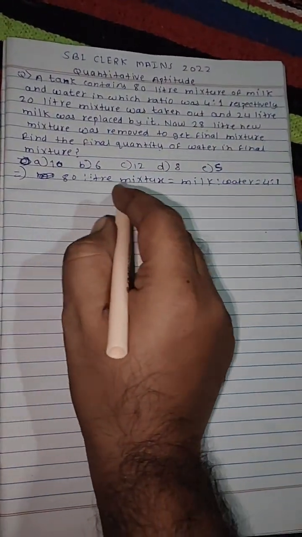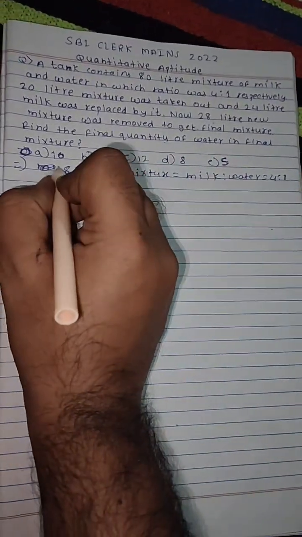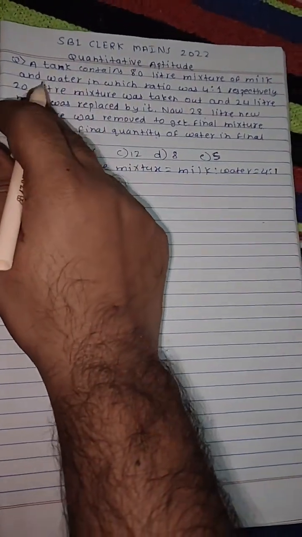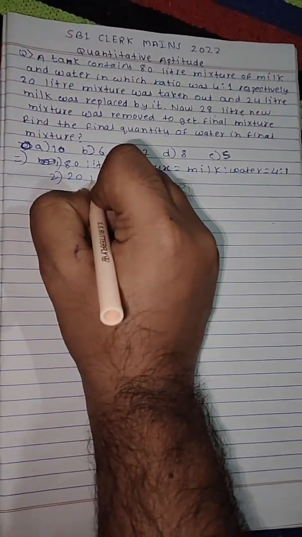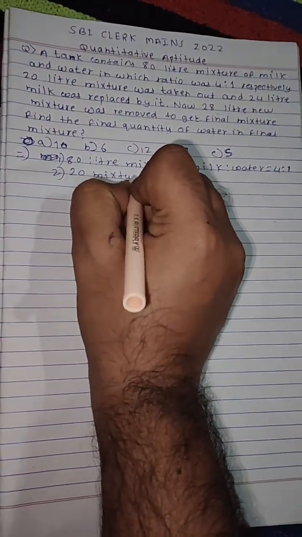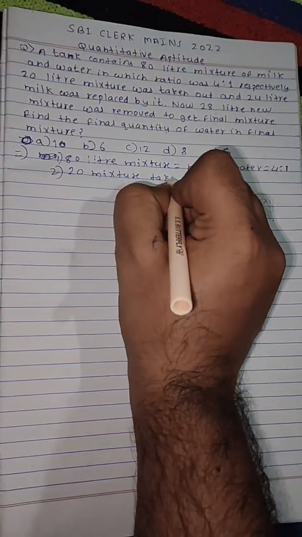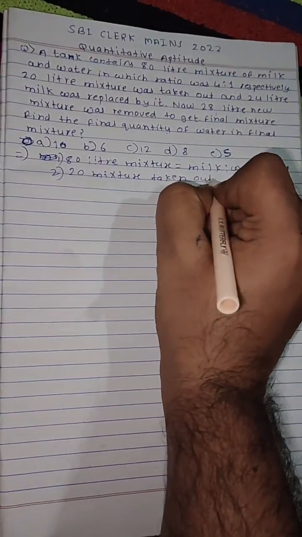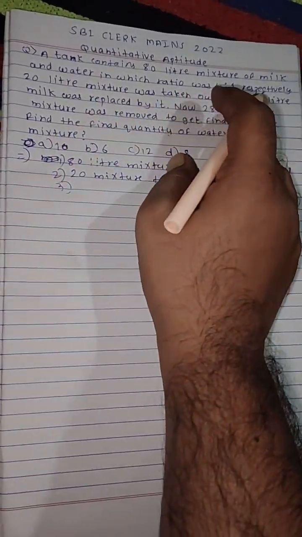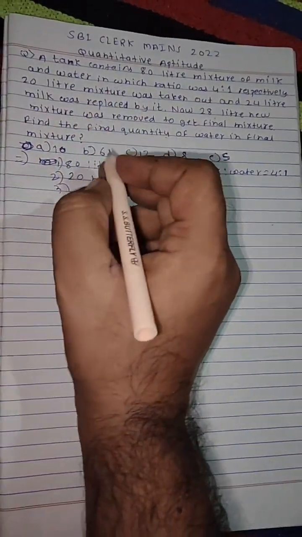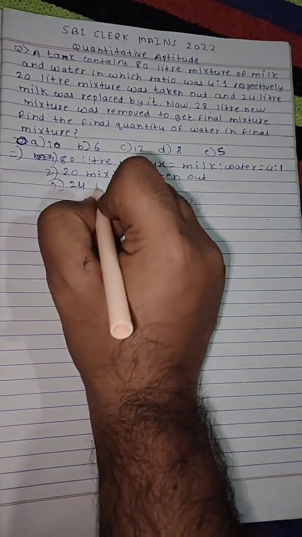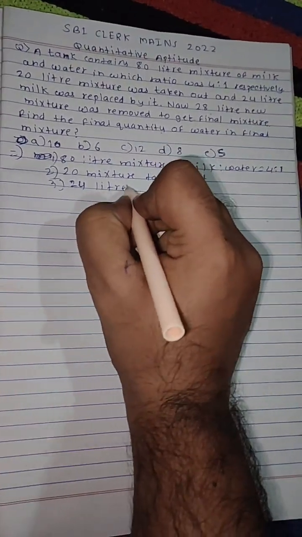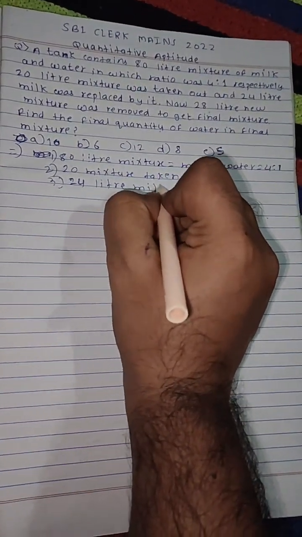So initially it was an 80 liter mixture. In the second step, 20 liter mixture is taken out. In the third step, 24 liter milk is added.